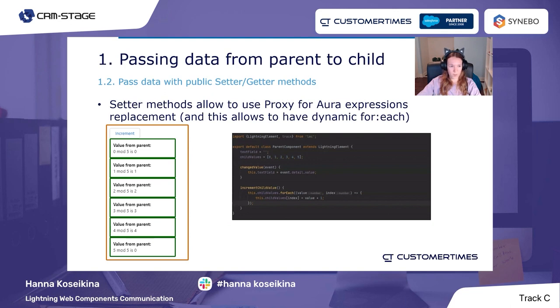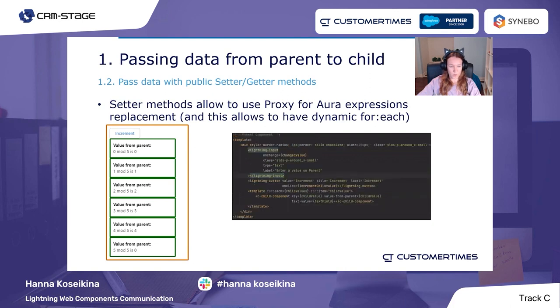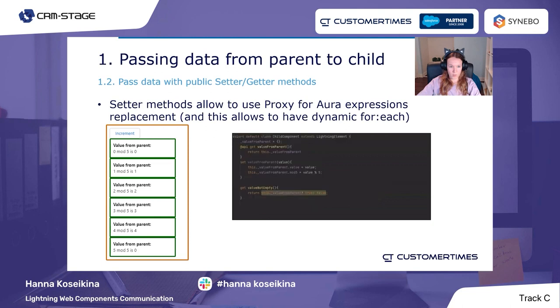So that you can see here, I pass as a child values 0, 1, 2, 3, 4, 5 array, and I'm showing my child components in for each in HTML markup.